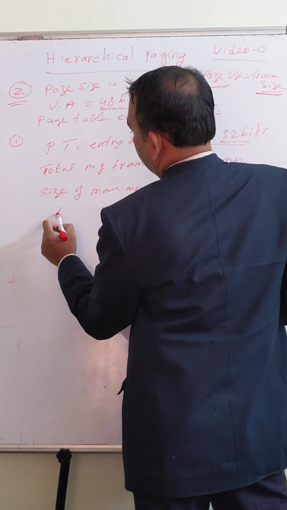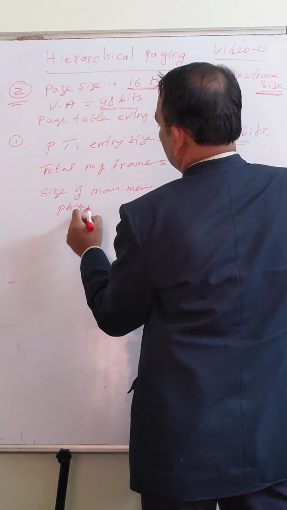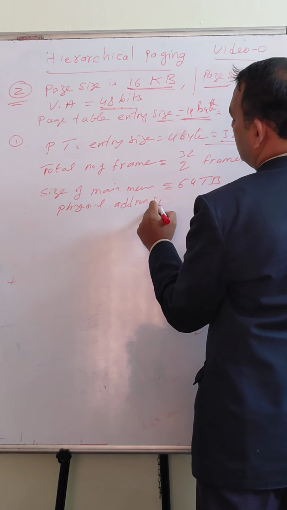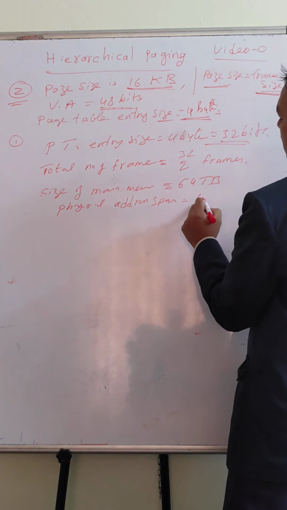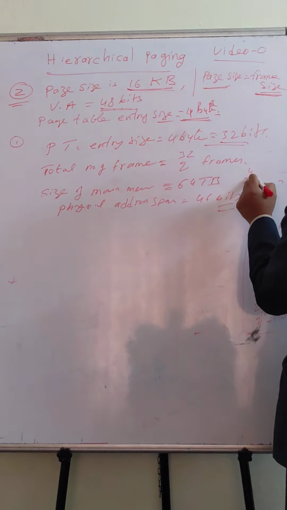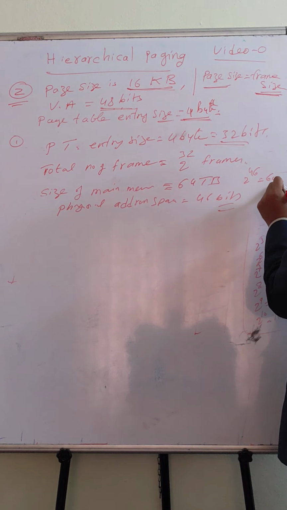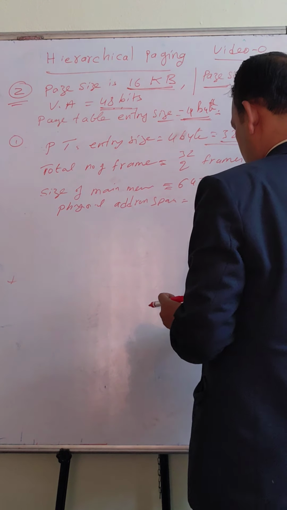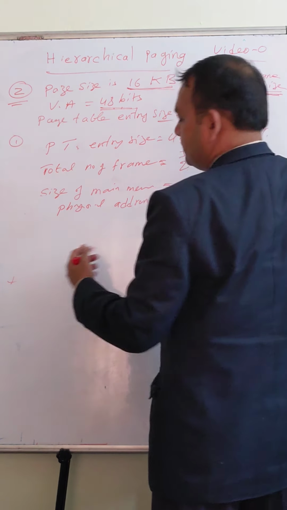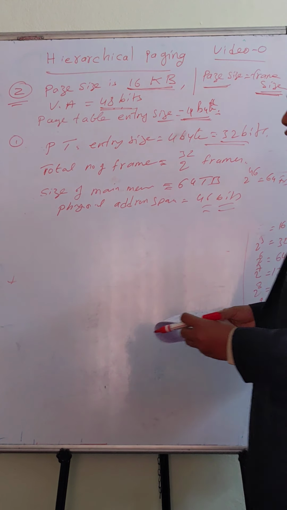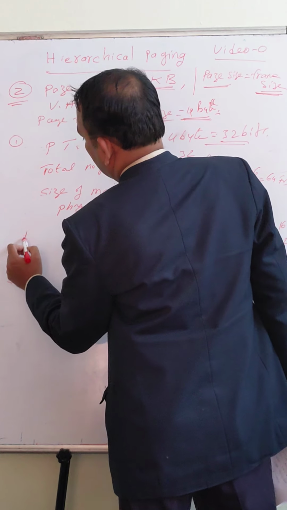The physical address space needs 46 bits. Just now we have seen 2 power 46 is equal to 64 TB. Next, the number of bits in the page offset we have seen is 14. It's done. Now let us find out the process size.